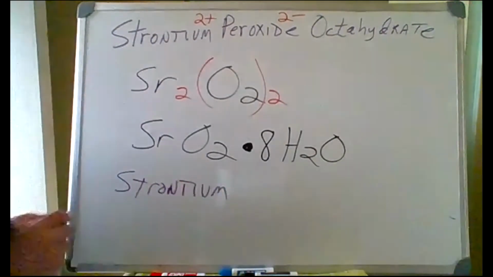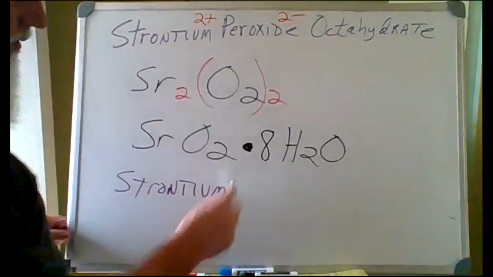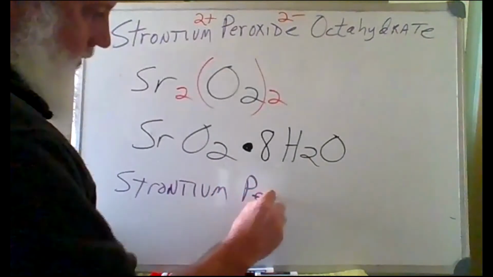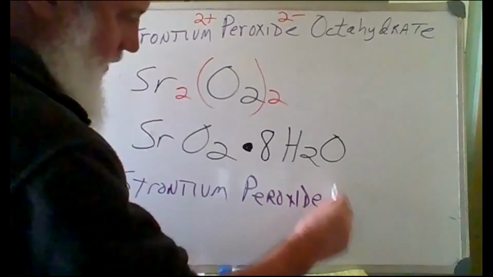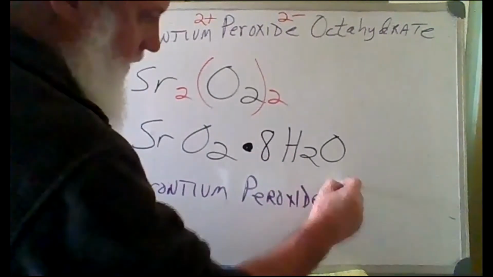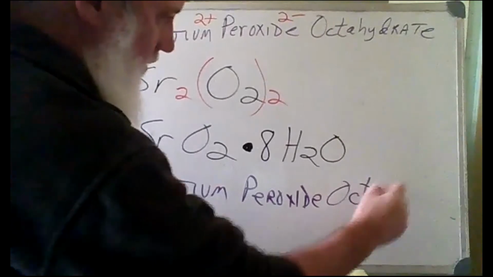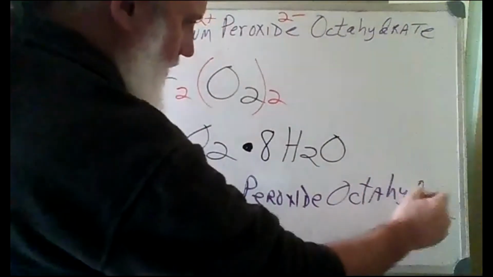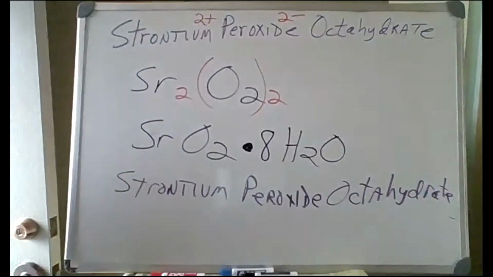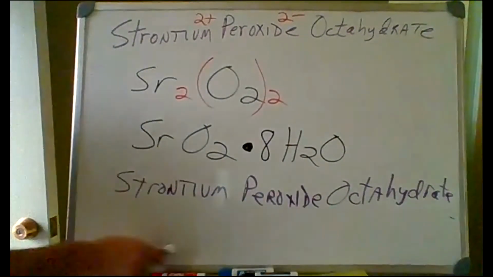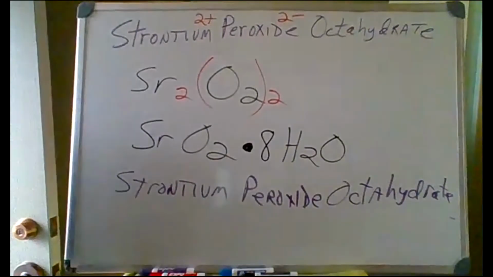And the anion is peroxide. And then 8 is octahydrate. Right, octahydrate.